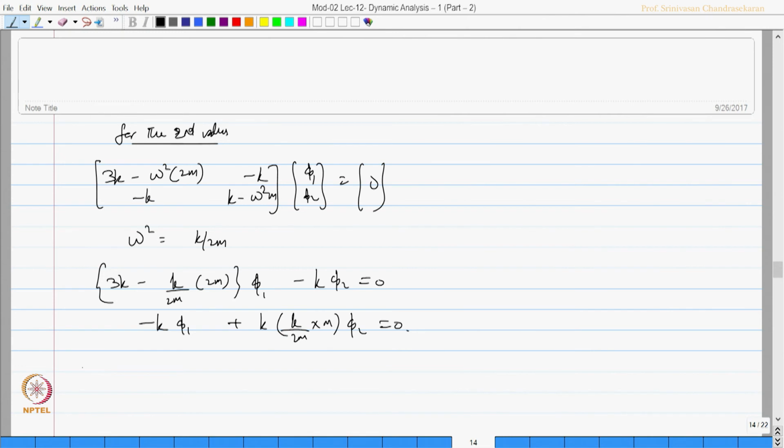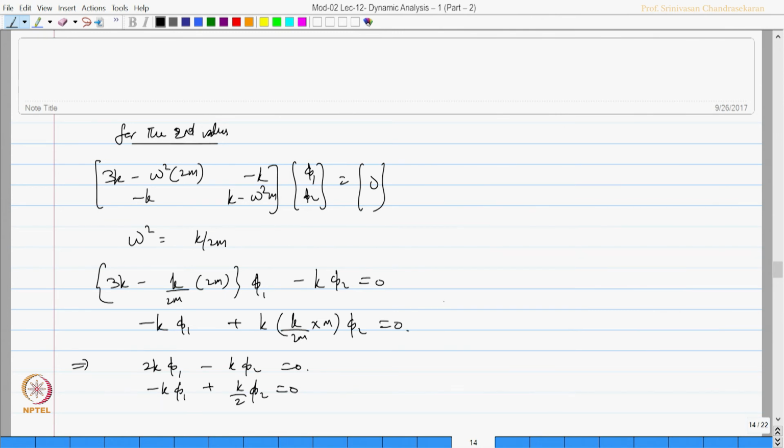So, simplifying, I get 2k phi 1 minus k phi 2 is 0, or minus k phi 1 plus k by 2 phi 2 is 0.